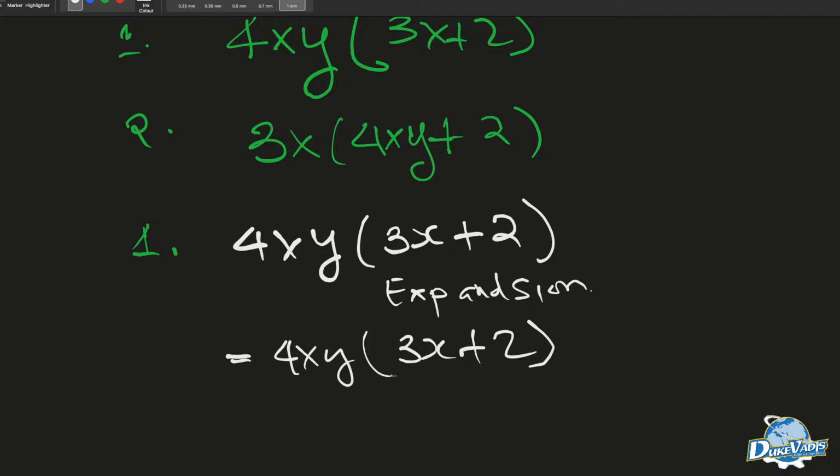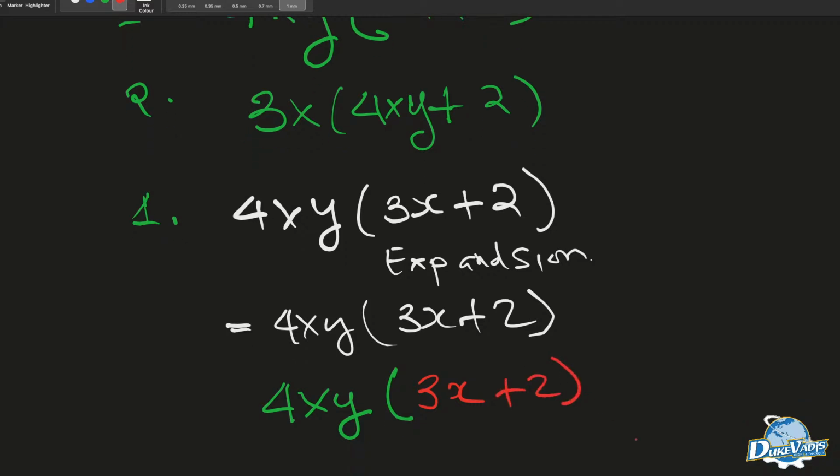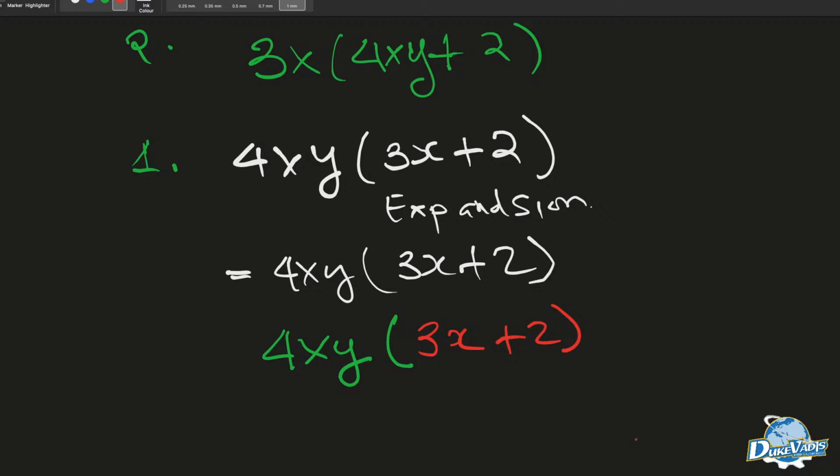I always want to use colors to make my work easier. So I have 4xy out of the equation, and into the bracket, I have 3x plus 2 for the first question. So what I'm going to do is expand.